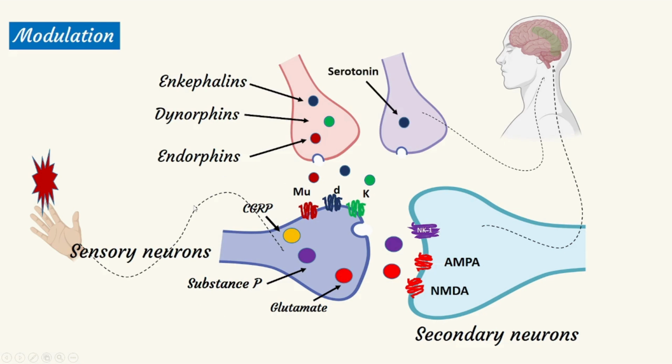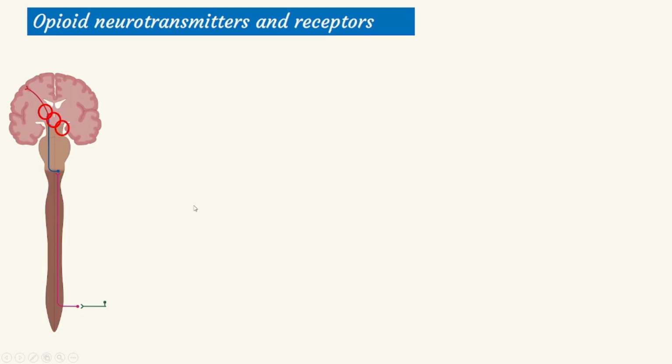To understand this process better, we have to understand more about the specific role of opiates here, for example opiate neurotransmitters and receptors. The opiates are the neurotransmitters. They are primarily activated once a pain message is received into the brain in the central nervous system.